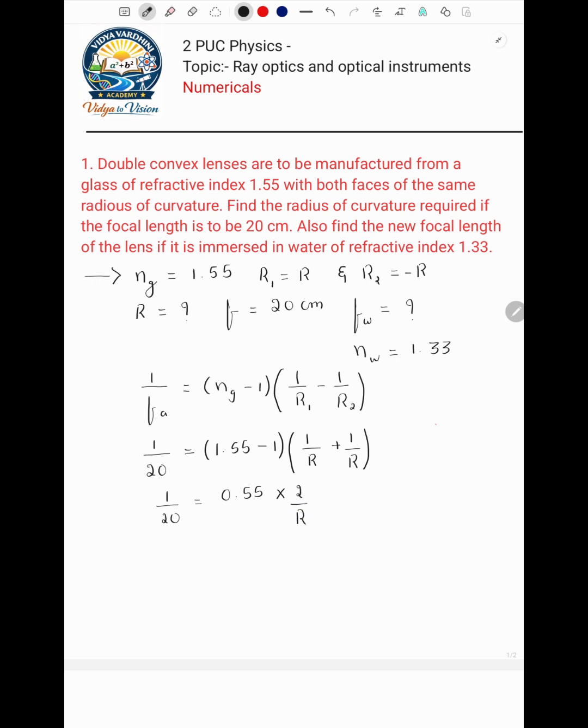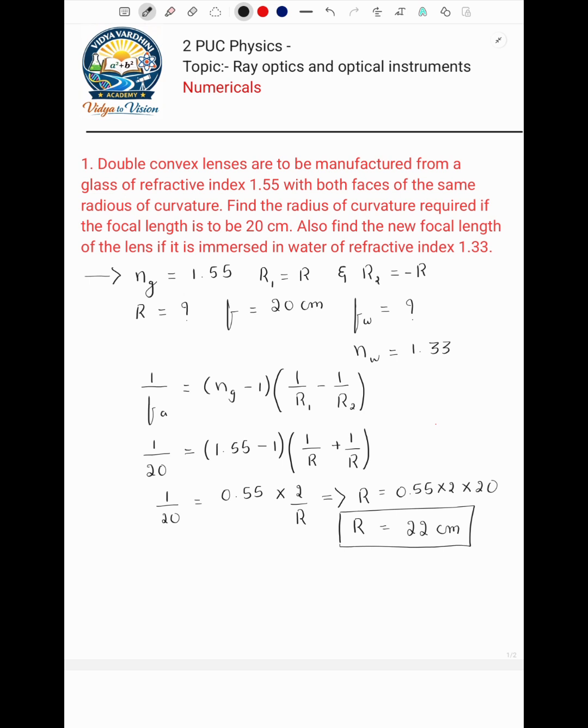Therefore I can write this equation as r is equal to 0.55 into 2 into 20, that is 22 centimeter. This is the radius of curvature. The radius of curvature of the double convex lens is 22 centimeter.